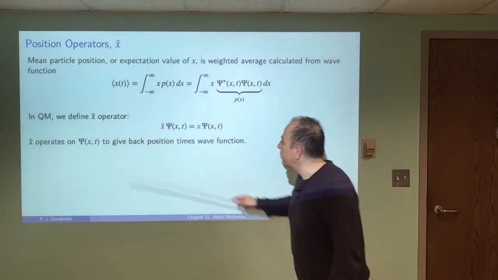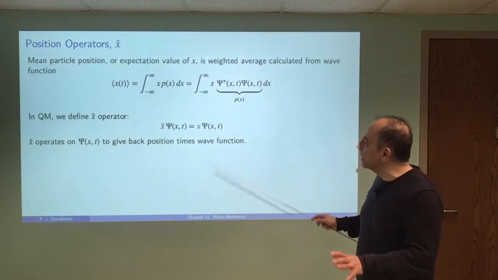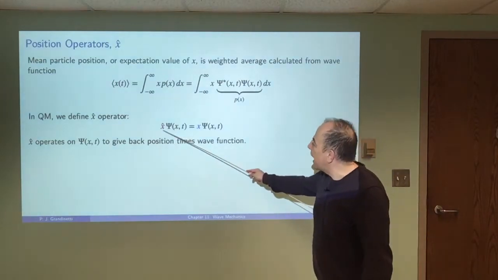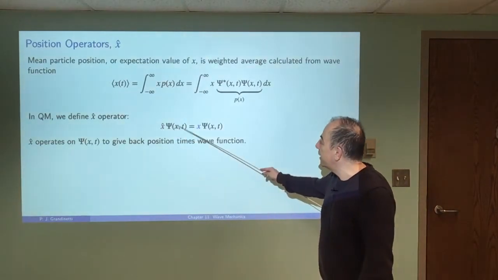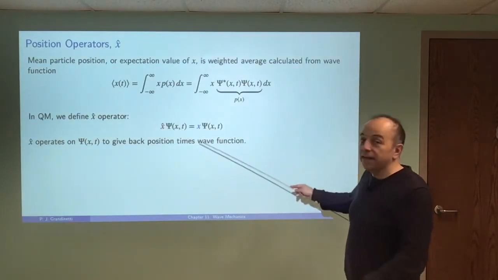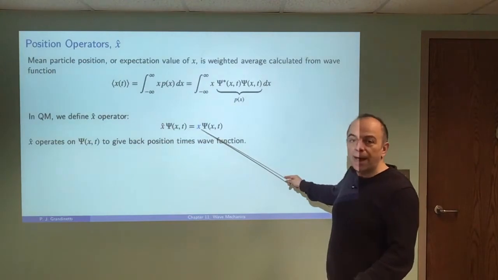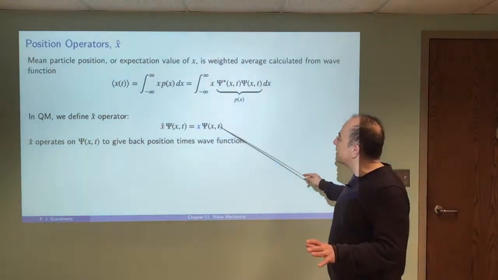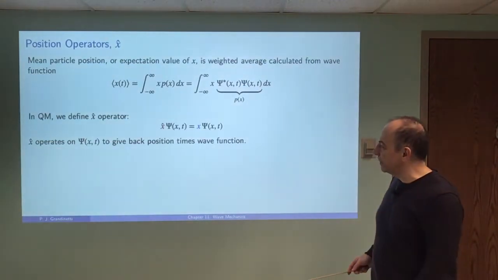Now, we also define then in quantum mechanics something called an operator. And an operator does this job. It operates on the wave function, and in this case, if x operates on the wave function in the x basis, it simply gives you back x, a number, not an operator, a number, times the original wave function.